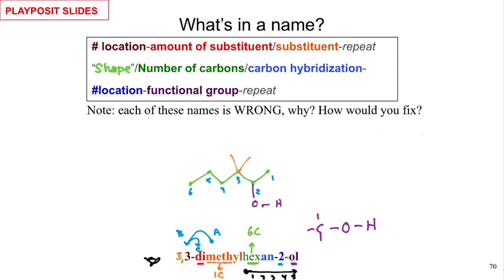Is that going to change our end structure? Yeah. If the di was wrong, then what our structure should look like, I don't want to use all the color coding again, would have been that. And then that would have been 3-methylhexan-2-ol. Perfectly fine. Get it?